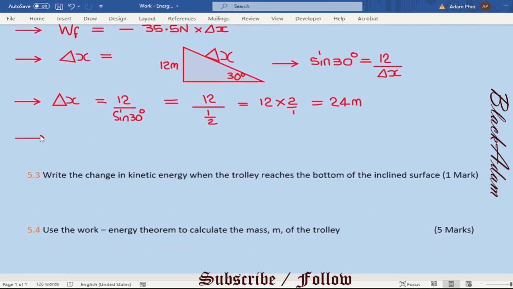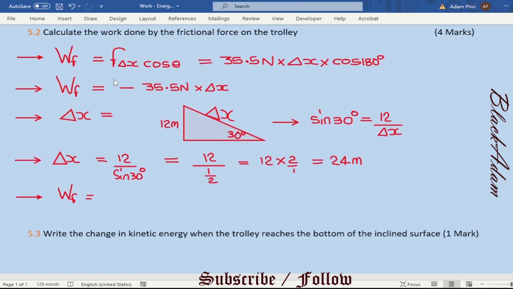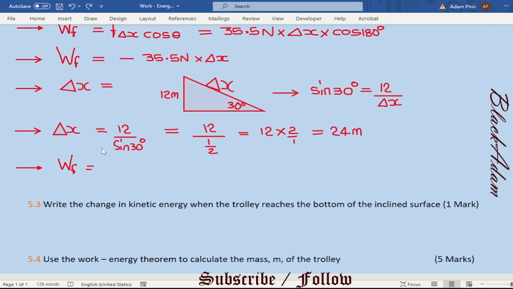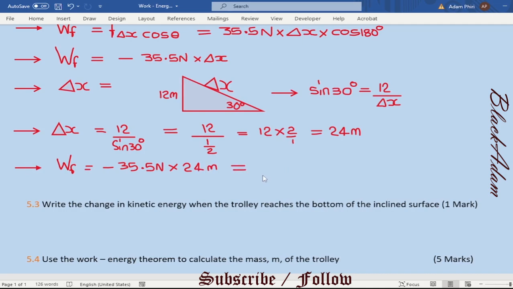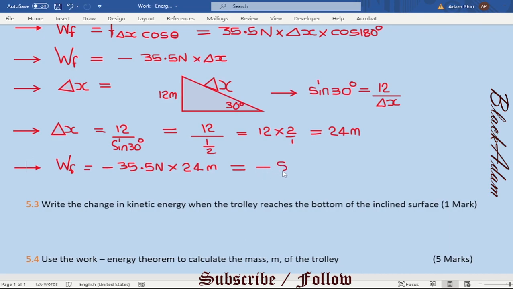From there we can now calculate the work done by the frictional force, which is negative 35.5 newtons multiplied by our displacement of 24 meters, and the unit is joules.